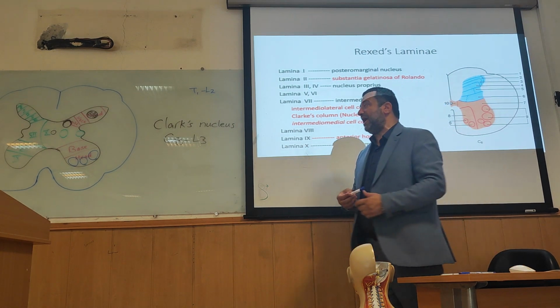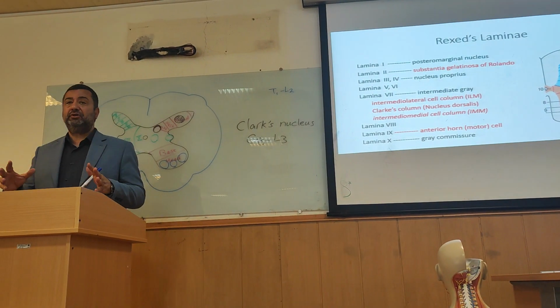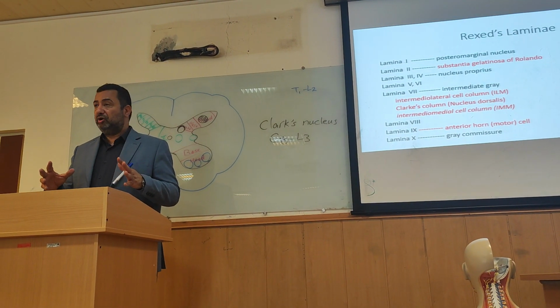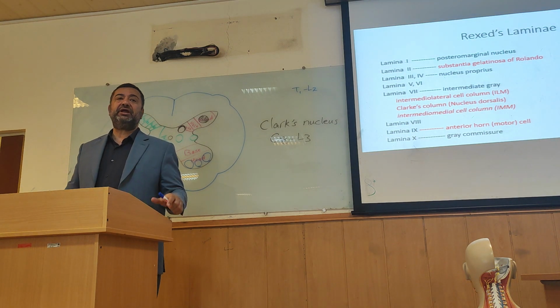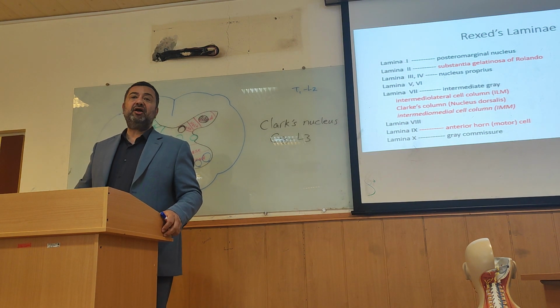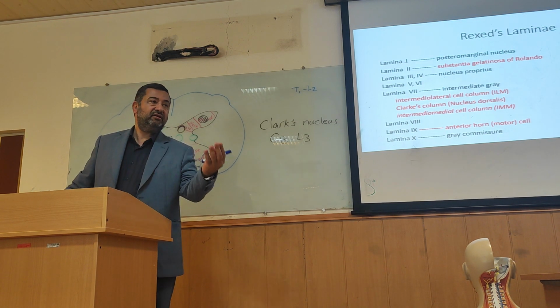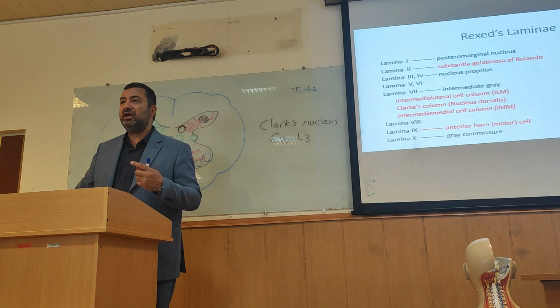If I ask you where is the location of lateral group neurons in the anterior gray column of the spinal cord, you answer me cervical enlargement and lumbar enlargement, C4 to T1 and L1 to S3.